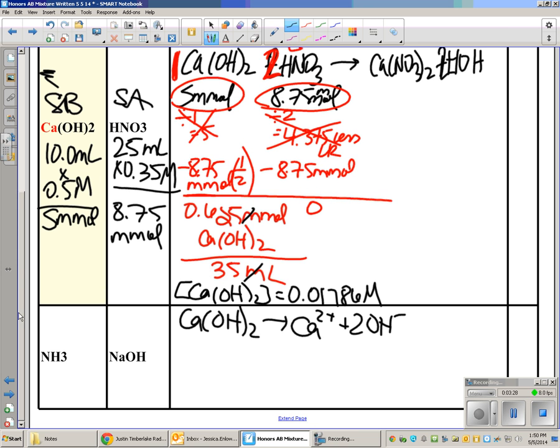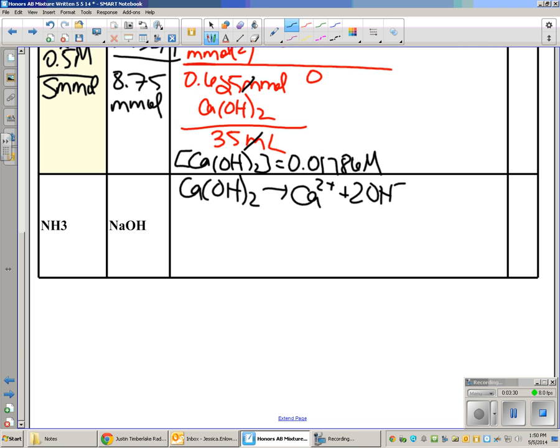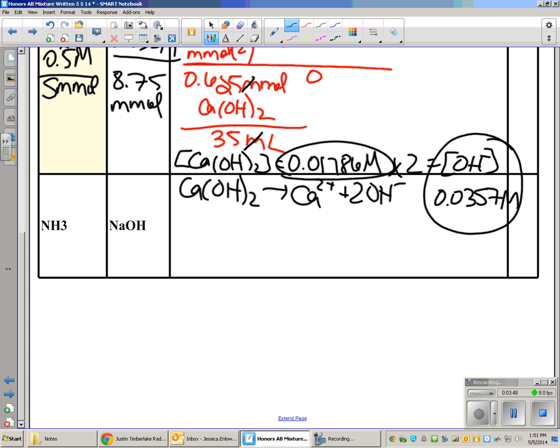And since calcium hydroxide, when it dissociates, makes calcium 2 plus and 2 OH minuses, it doubles its concentration as it dissociates, which means you multiply this number by 2 to get your total OH concentration. So when you double that, you get OH to be 0.0357 molar. Use this to find the pOH, and then do 14 minus pOH to give you pH.